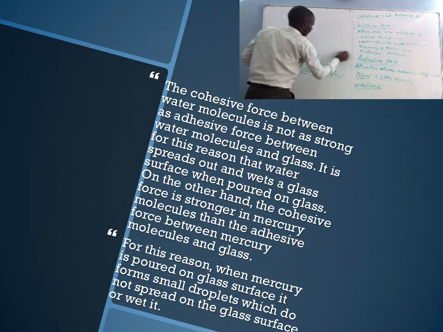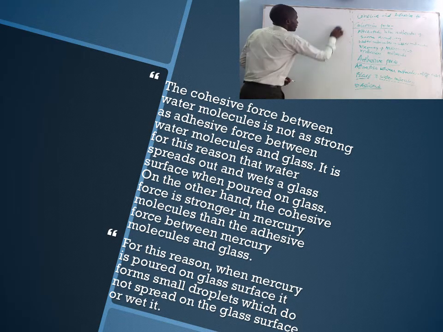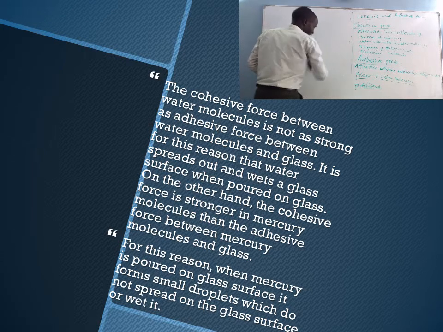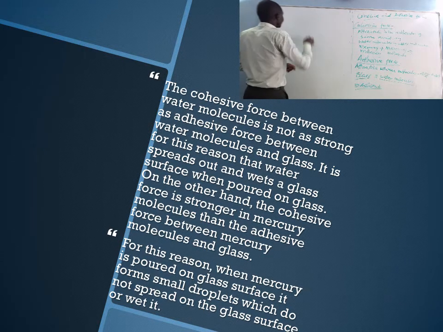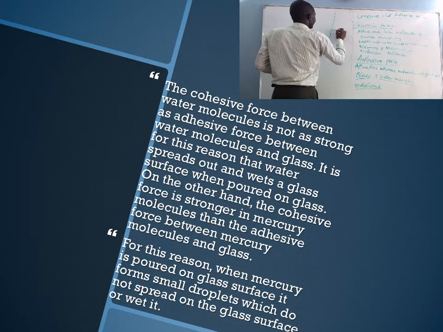So if we can represent that in a diagram, this is our glass.